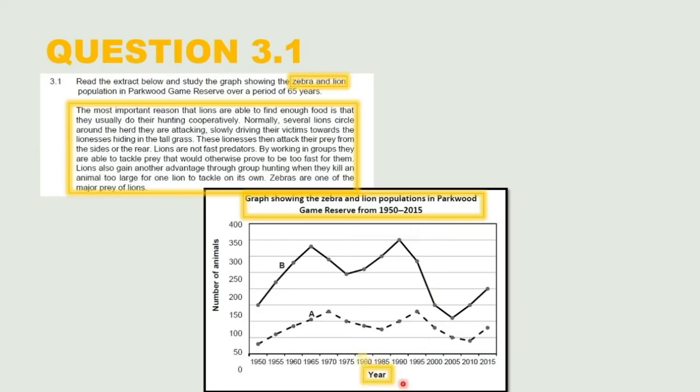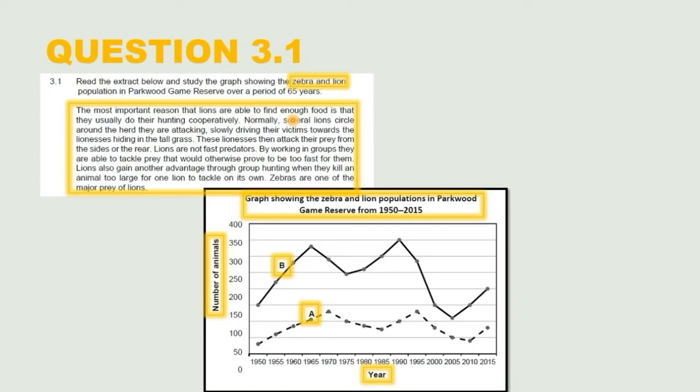On your x-axis, you will have your independent variable, which is the years. On your y-axis, you have your dependent variable, which is the number of animals. That's the one that we were measuring. Then we are looking at two graphs, A and B. In the top section, what you need to remember is that lions are able to find their food as they work together.